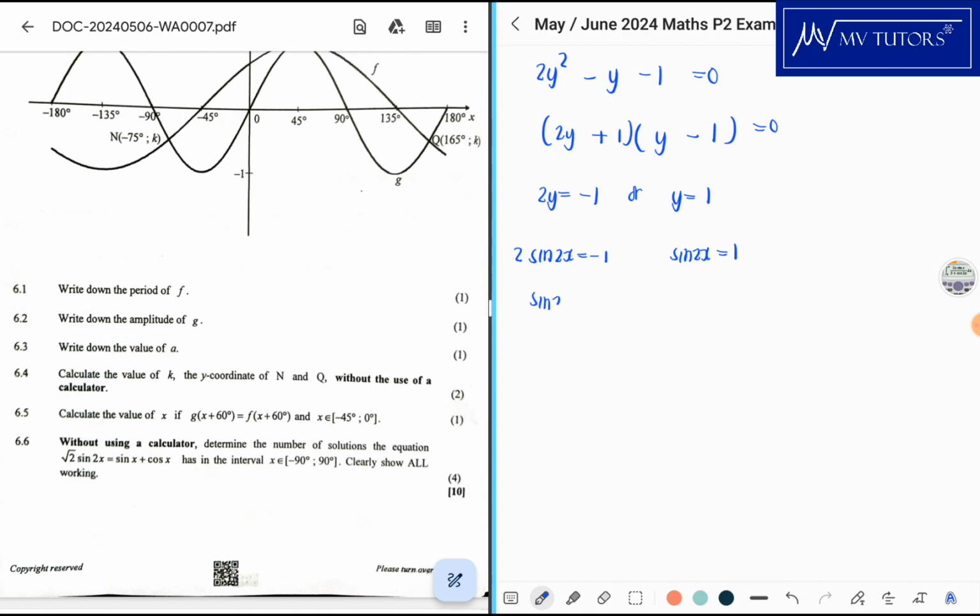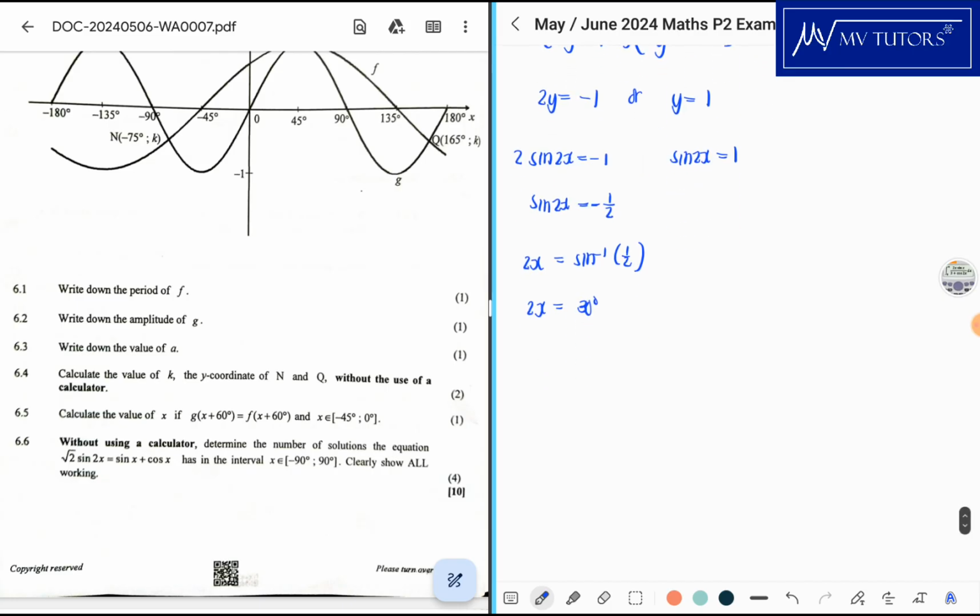So sine 2x is equal to negative a half. And if we get the reference angle, we can ignore this negative for now and just say 2x is equal to arc sine a half. And if we get that, it's actually going to be 2x is equal to 30 degrees.